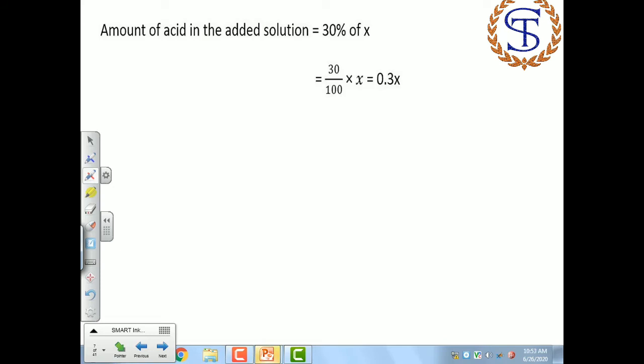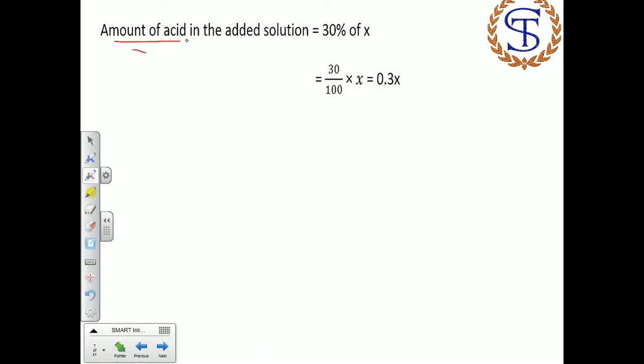Now what is the acid content in this x liters of 30% solution? The amount of acid in the added solution. What is the added solution? x liters of 30% acid solution.